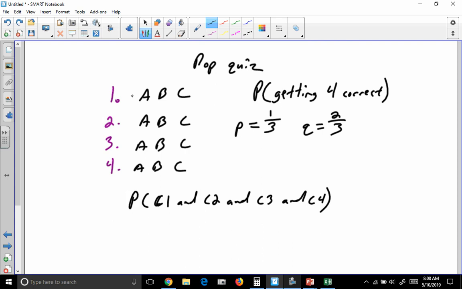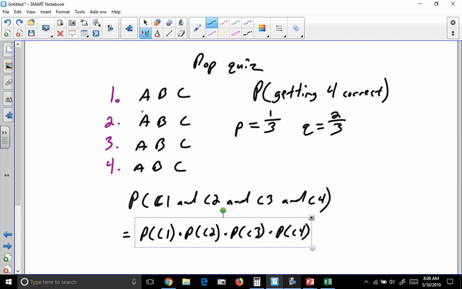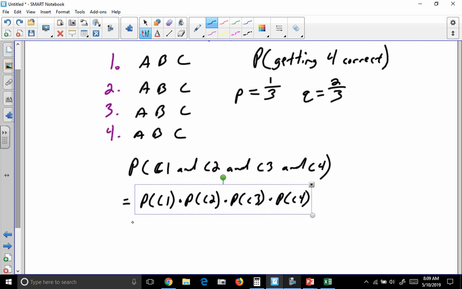Since these are independent, our multiplication rule says that if we are looking for the probability of one thing and the next, we simply multiply those together. If they were dependent, we would have conditional probabilities. But since getting the second one correct is not impacted by whether or not the first one is correct, we just multiply their probabilities together.